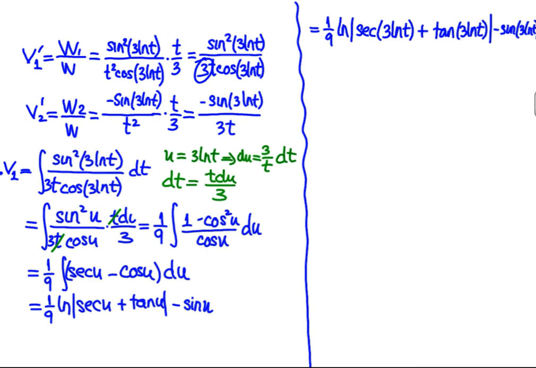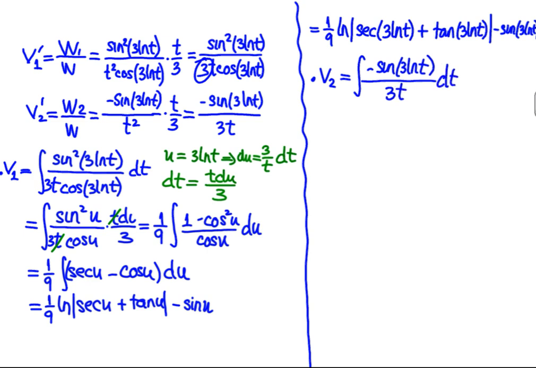So that's what we have. Now we go to V2. It's much easier. We just have negative sine of 3ln(t) over 3t dt.